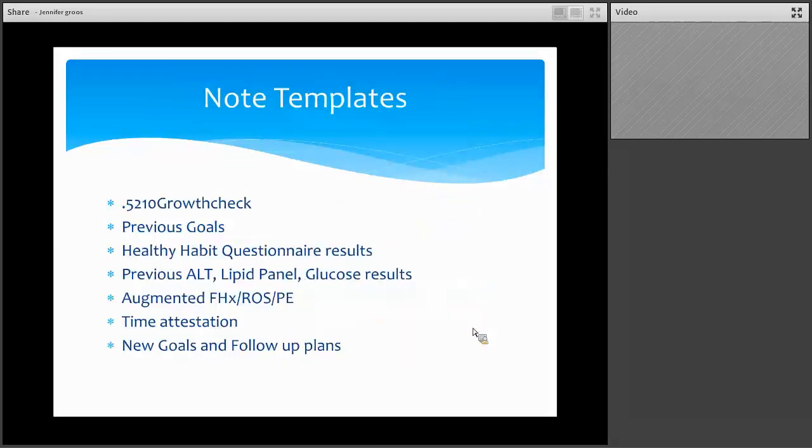So we can bill based on time spent with a 99213 or 99214. The billable diagnoses include obesity, or often if they're in that overweight category and have comorbidities or risk factors, I'll make sure I document those first and have not had problems with reimbursement for this. And then if you're in Unity Point, we've developed a dot phrase, .5210 BMI time, either the 15 or 25.